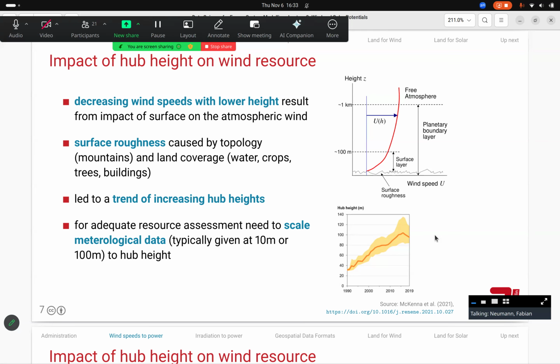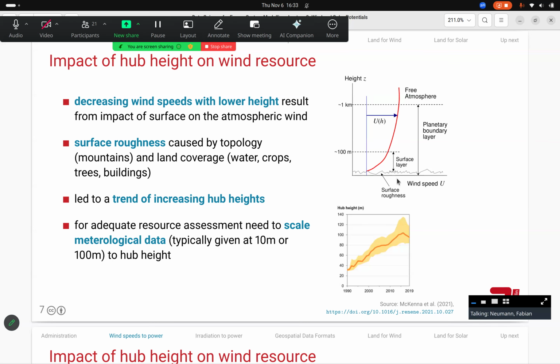There could be cropland or trees or cities that also have high braking impact on the wind speeds. And then maybe you have open, flat grassland or large bodies of water, then you don't have that much braking effect. So this is illustrated here on this figure.